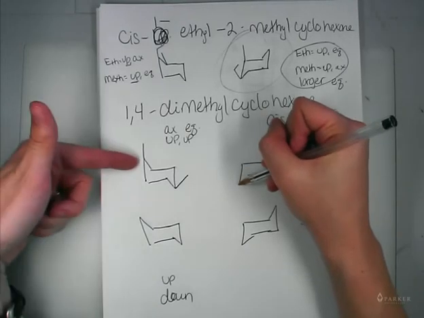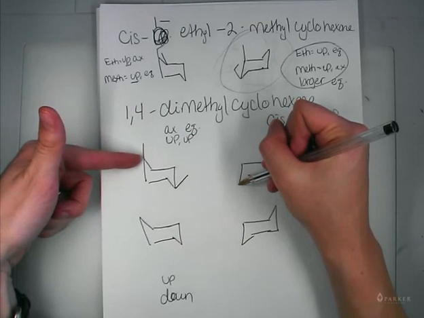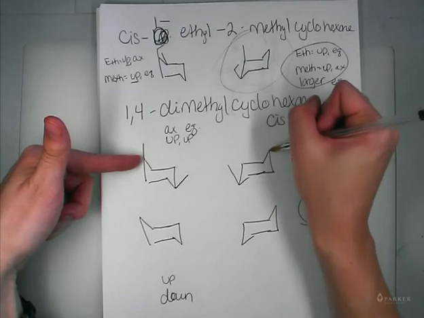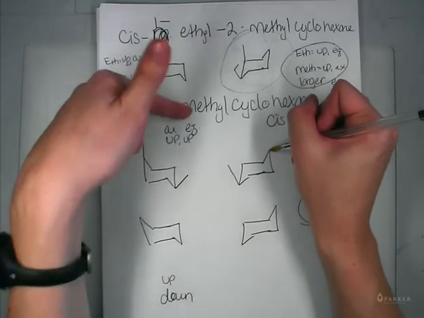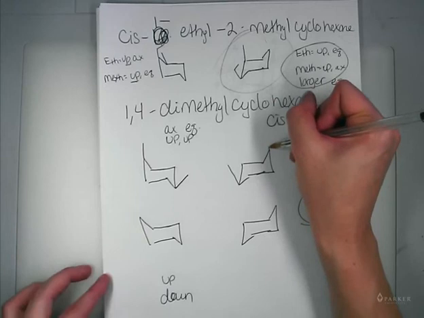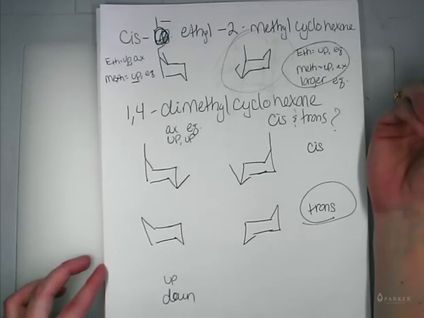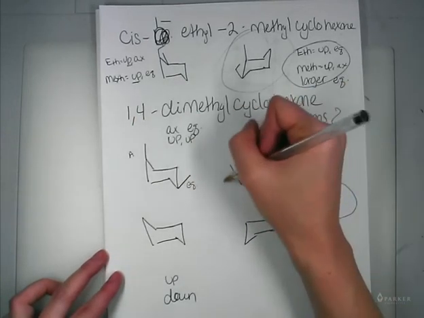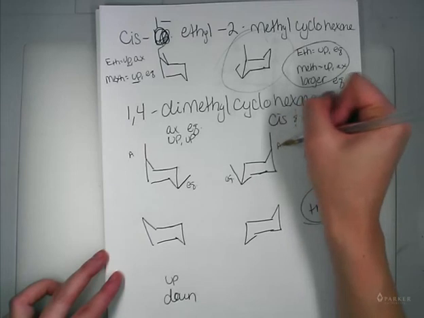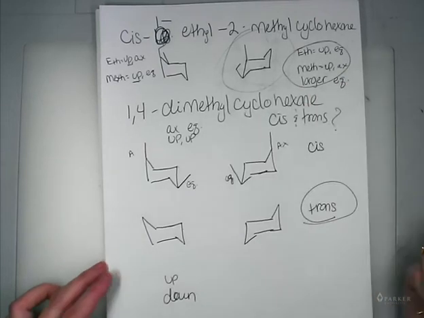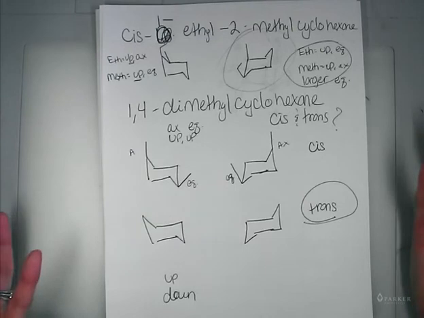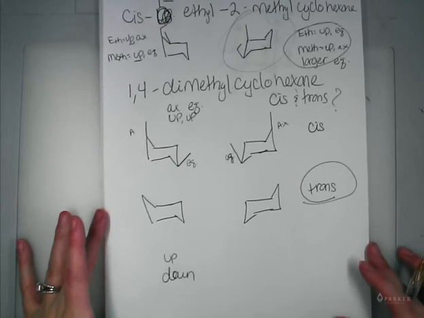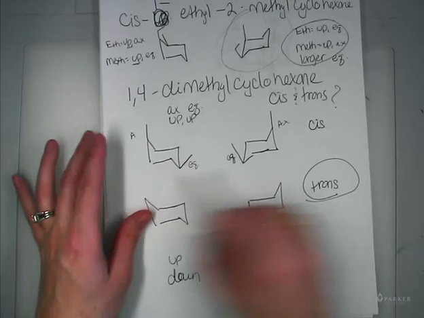So position 1 was an up axial, so now it'll be an up equatorial. And position 4 was an up equatorial, so now it'll be up axial. So I have axial, equatorial, equatorial, axial. And you see the branches are the same, so that doesn't matter. It's not like one's an ethyl or a propyl or something. Okay, so these are equivalent structures.